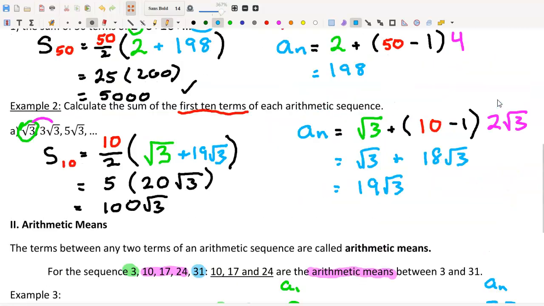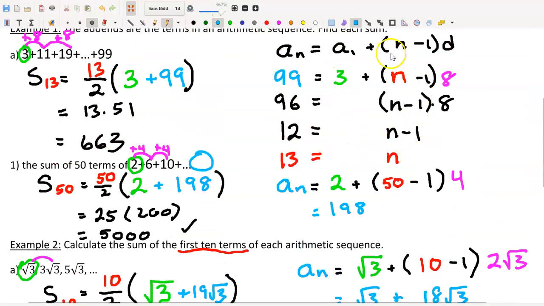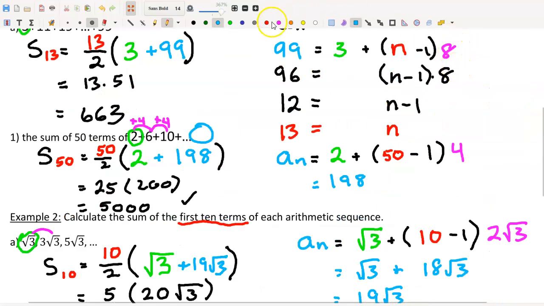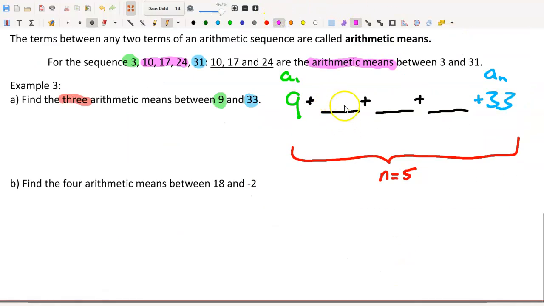And we could do the same thing we did up here on the left column, use this formula to find some value that we're missing. In this case, we're looking for d. Once I have that number, I can just add it to get this number, add it again, get this number, add it again, and get this number. That's how I can find my missing numbers.